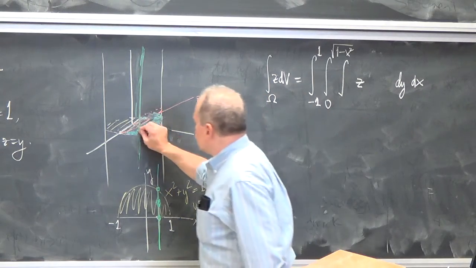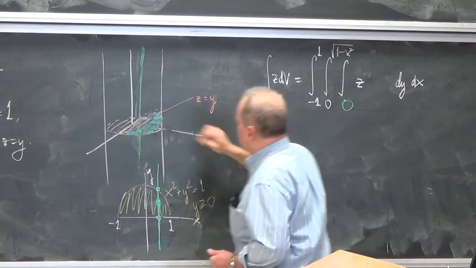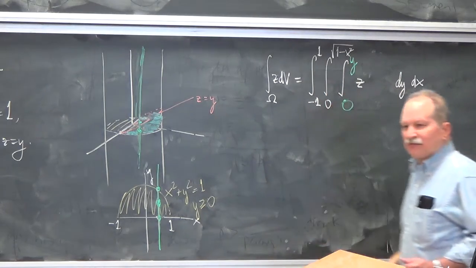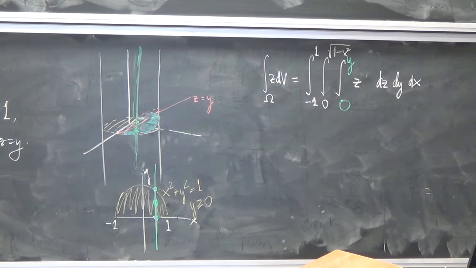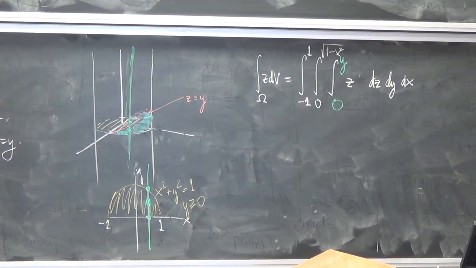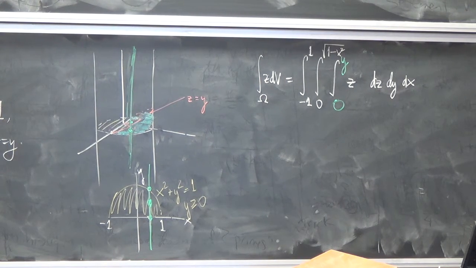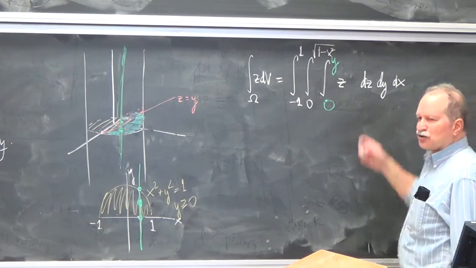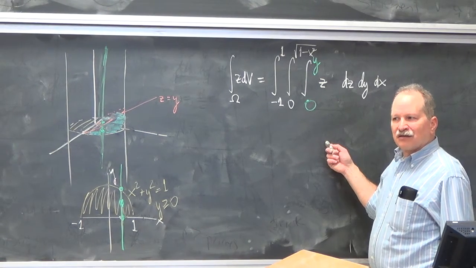It enters at z equals 0 and exits at z equals y. And of course, there's a dz. Everybody okay with that? So, shall I do the bookkeeping exercise, or are you okay for us to go on? Let's do the bookkeeping.